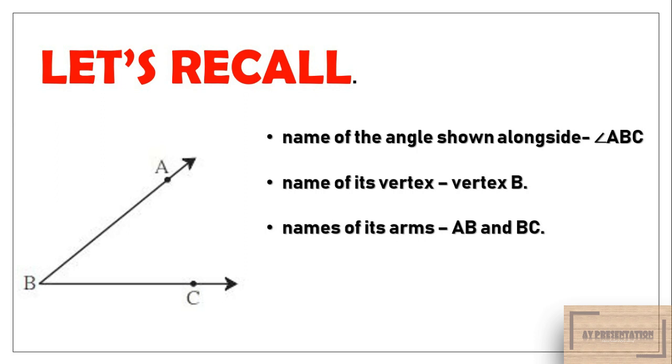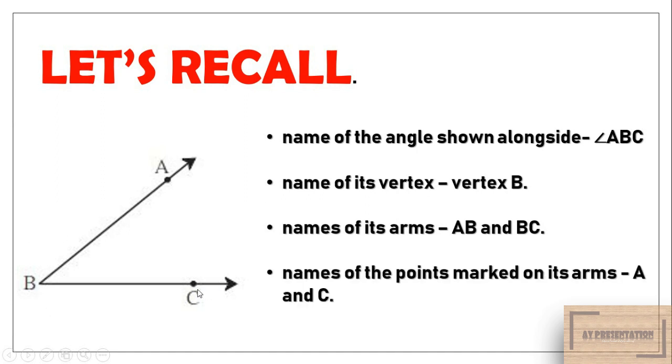For example, in this figure the name of the angle is angle ABC. The name of its vertex is vertex B, and the names of the points marked on its arms are A and C.